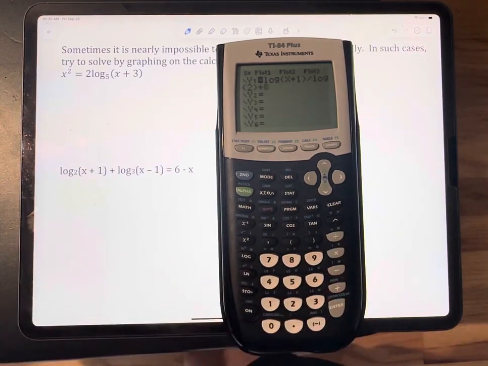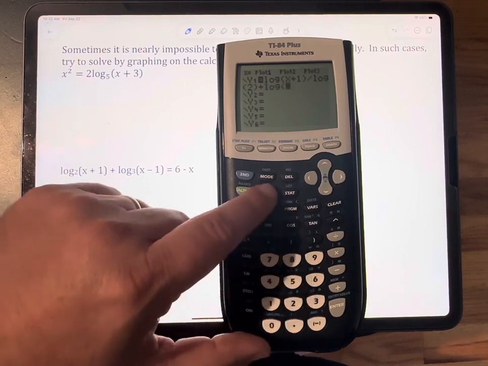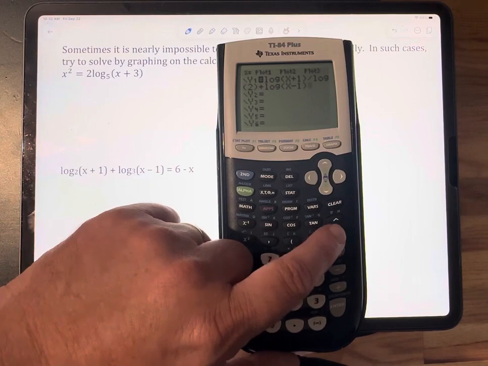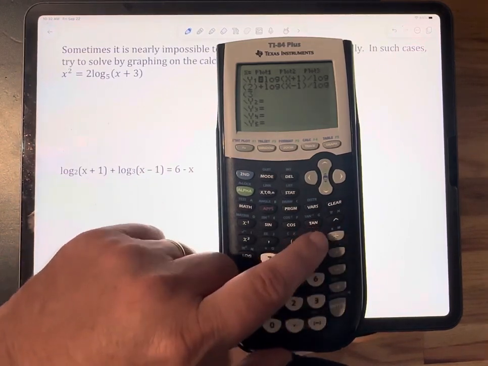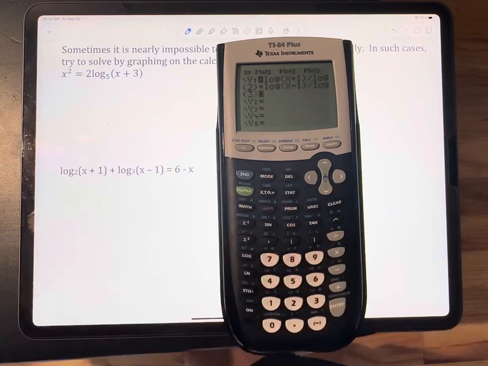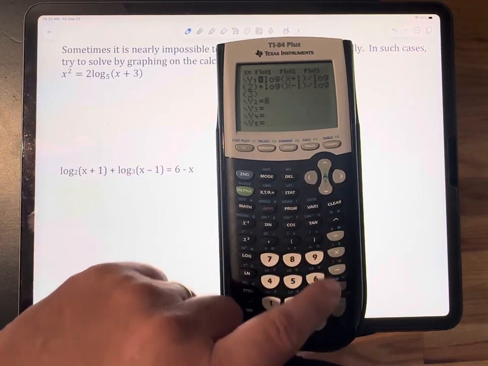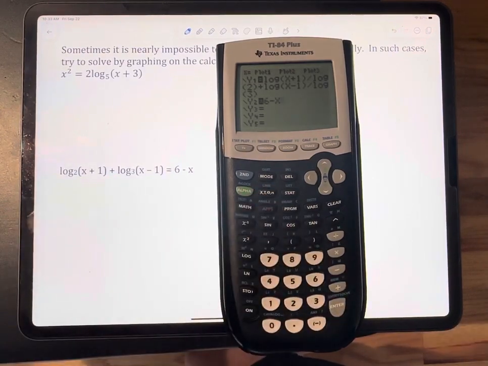And then plus, for the next one, we would enter the logarithm of x minus 1, close parentheses, divided by the logarithm of 3, close parentheses. That's the end of our left side, so we'll press enter. And for our right side, we type 6 minus x.